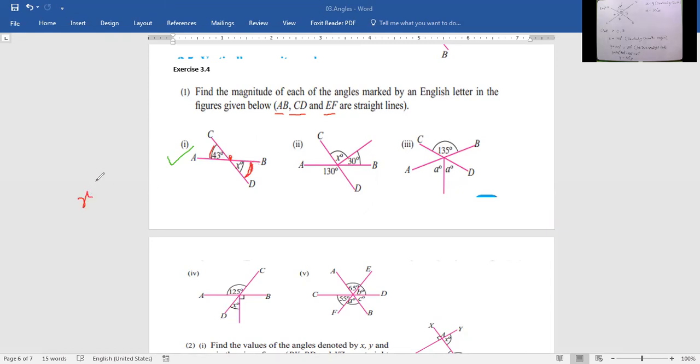So you may write the answer as x equals 43 degrees, and you have to write down the reason as well: vertically opposite angles, right? That is what you have to do in the first one. That one is very easy, so I'm not going to discuss it further.